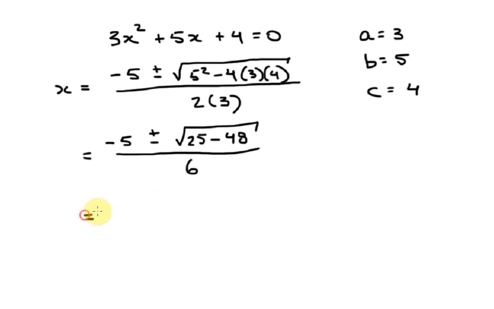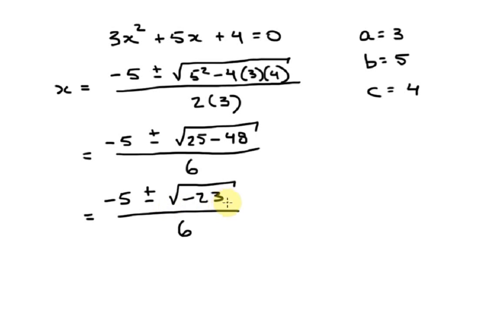What's going to happen here is we're going to get the square root of a negative number. So we're going to end up with the square root of negative 23, and that's a real problem here because we can't take the square root of a negative number, not if we're working with just real numbers.